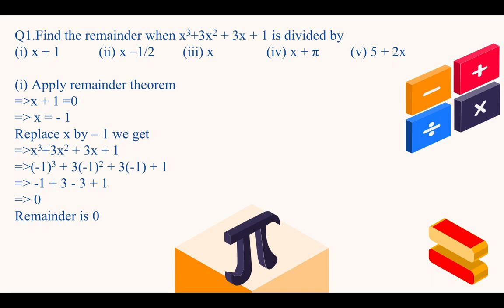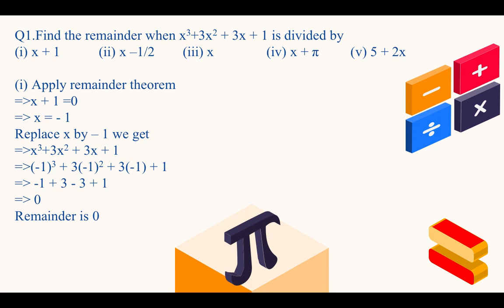Minus 1 whole cube is equal to minus 1. Plus 3 into minus 1 whole square is equal to 1. Minus 1 into minus 1 is plus 1 only. So the result is 3, and plus 3 into minus 1 will give me minus 3 and plus 1. You can see all this cancels out and turns out to be 0. So the remainder is 0.